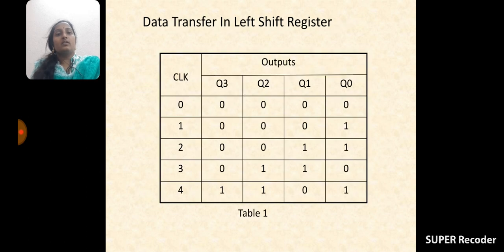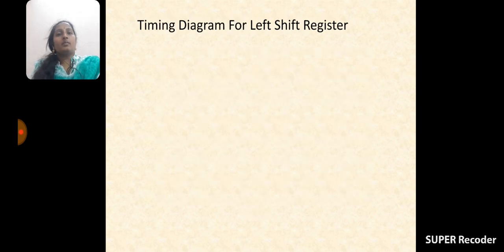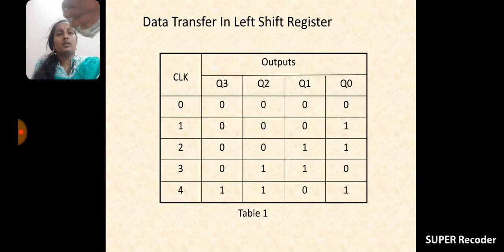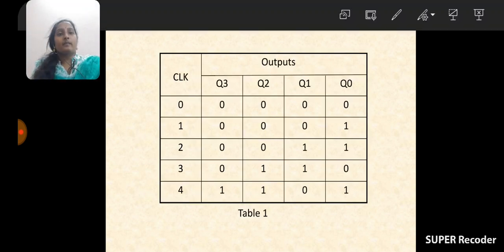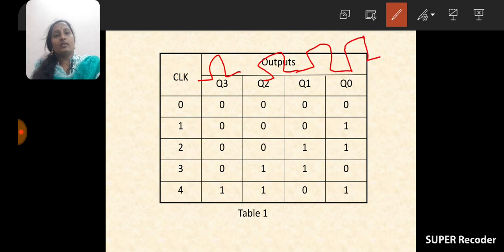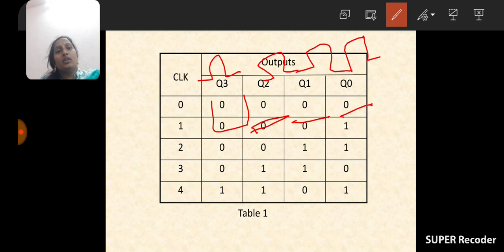See here, for the first combination, we draw it like this: 0, 0, 0. For the first clock pulse it is 0, and again for the second clock pulse it is 0, third also 0, fourth also 0.